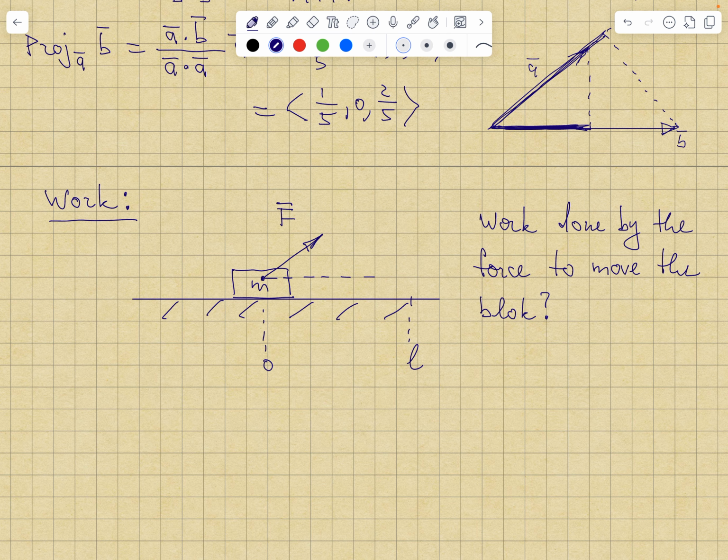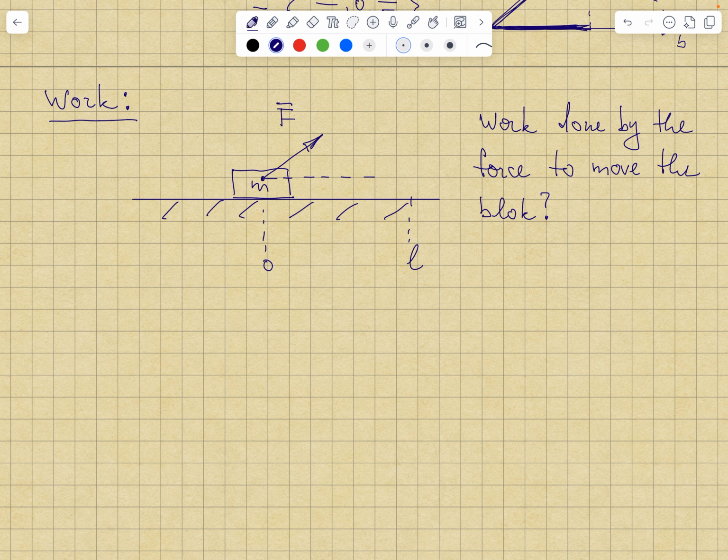And the work is, according to physics, equal to the magnitude of the force in the direction in which the object is moving times the distance by which the object has moved. So work is going to be the force times the distance. Well, in this case, it's clear that the distance is L.